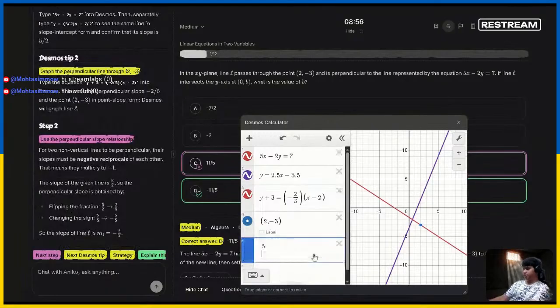Wait, if I do like 2.5 and get 5 over 2. Oh my goodness, 5 over 2 and then replace it with like this with a negative sign.